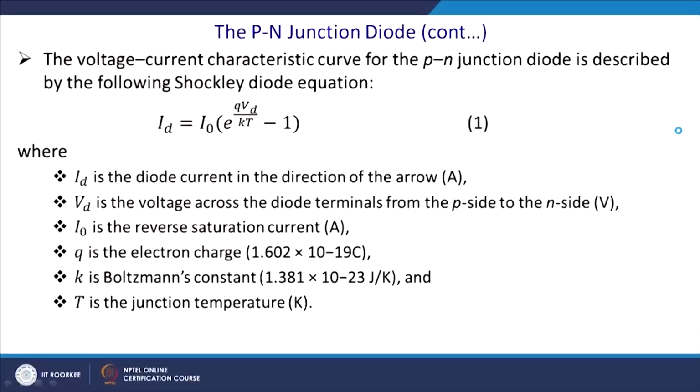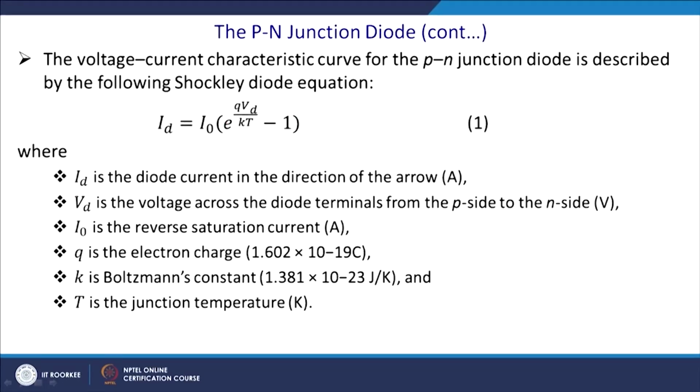Now, you can see that the voltage and current characteristic of the p-n junction diode is described by the following Shockley diode equation, that is I_d equal to I_0 e to the power qV_d/kT minus 1.